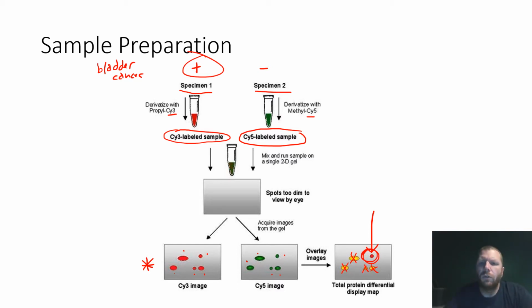So you're looking at two different samples on one gel, and you're able to do that because these dyes will be activated by different wavelengths of light.